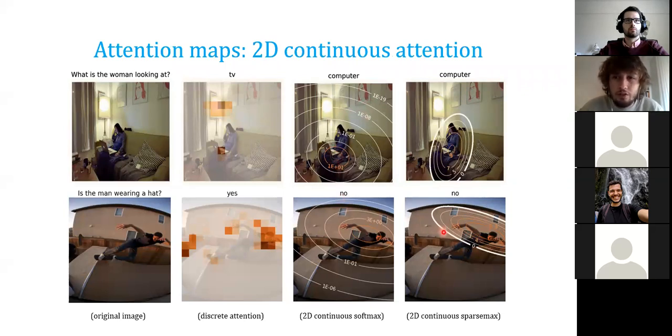And 2D continuous sparse is able to enclose all the relevant region inside its outer ellipse. For instance, you can see this here, where to answer this question, is a man wearing a hat, the model is only focusing on the region around the head of the skater. So generally speaking, we can say that the attention maps generated by the continuous models appear to be closer to the human judgment, which leads to higher interpretability.